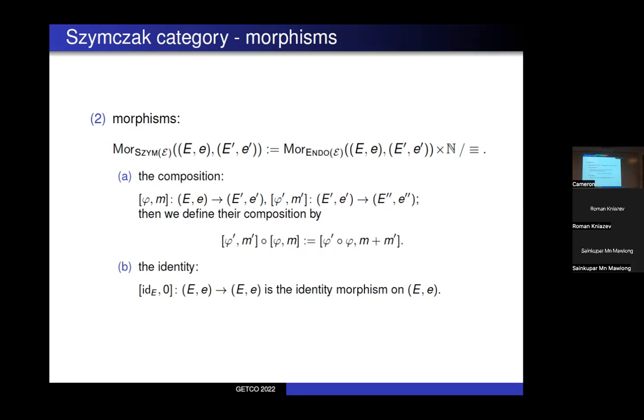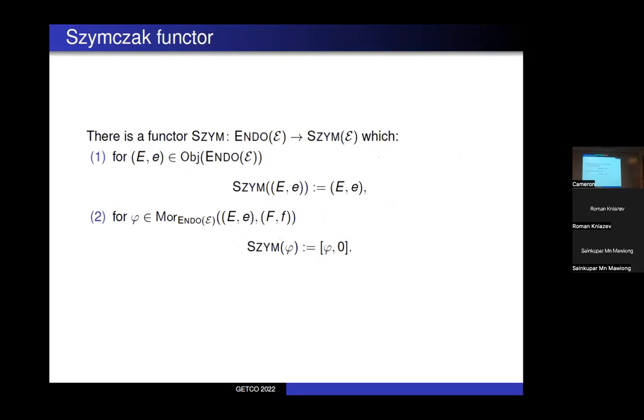Szymczak proved it in 1995. There is also a functor which goes from the endomorphism category to the Szymczak category. It fixes objects, sends each object to the same object, and it maps a morphism to the class of that morphism together with 0.